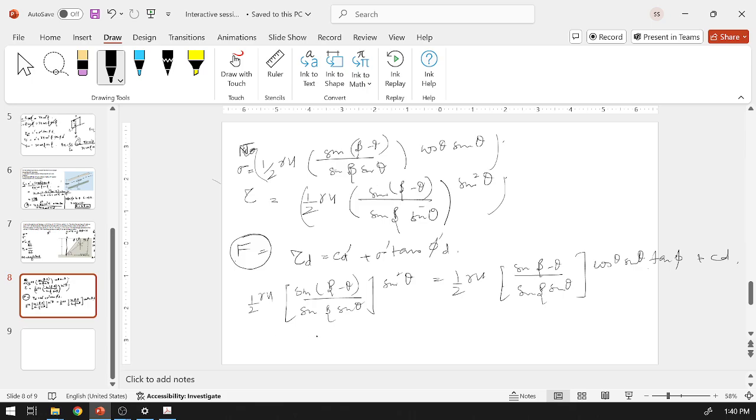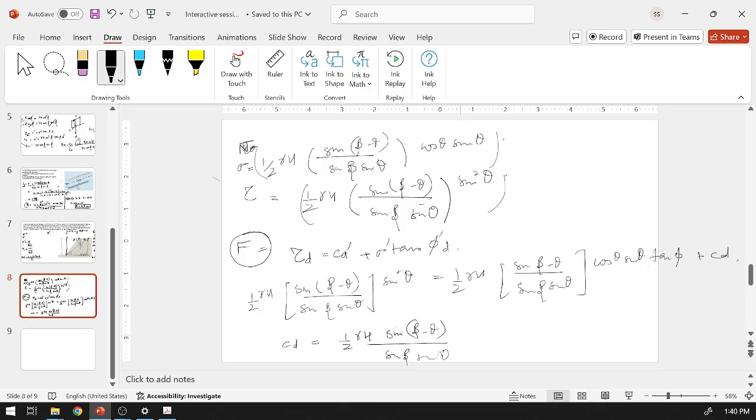So if we take C_D on one side, we will have half of gamma h sine of beta minus theta over sine beta sine theta, sine square theta minus, let's take one sine theta out, so we will have sine theta minus cos theta tan phi, and if we take one cos theta out we will get tan theta minus tan phi.